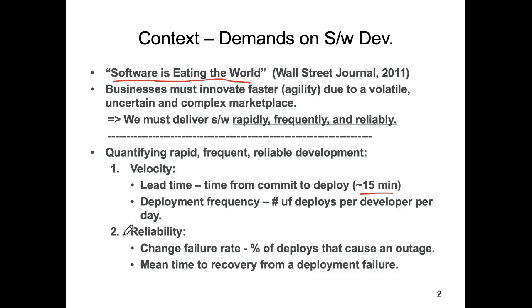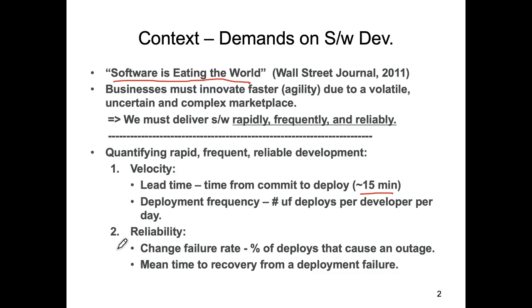Another measure of rapid, frequent, reliable software development. Well, I'm just calling it reliability here, but we may have a CI/CD process that allows us to deploy changes to our production environment very frequently, a number of times a day. But obviously, if those changes are causing our production environment software to crash, that's not a good idea.